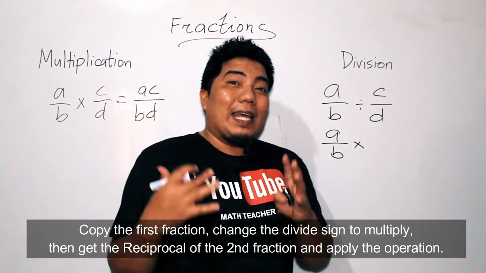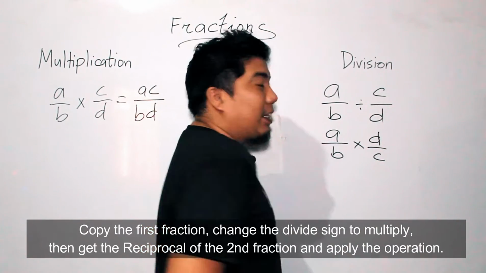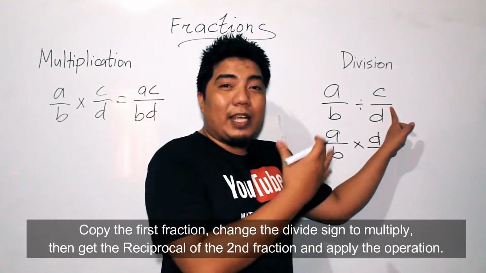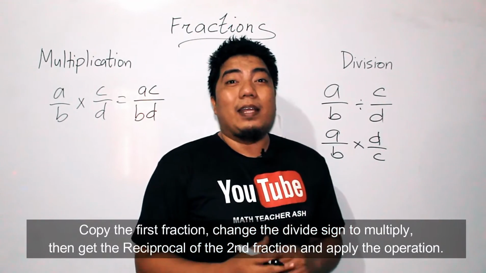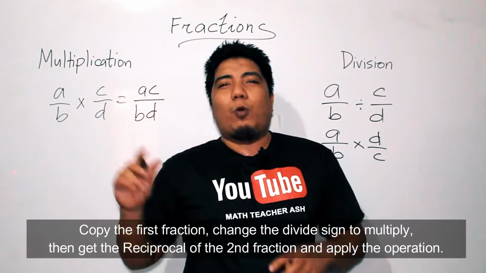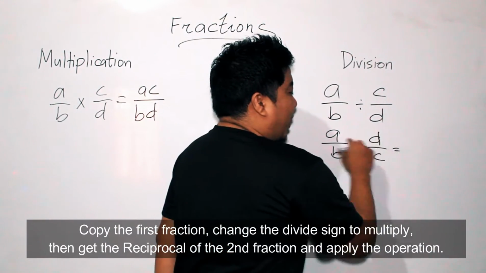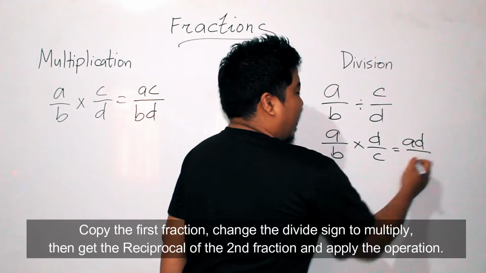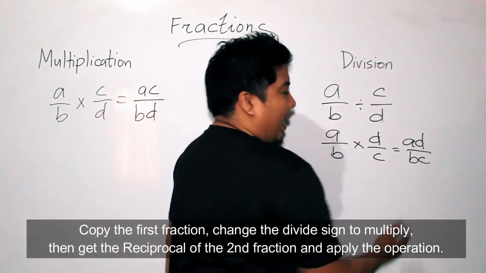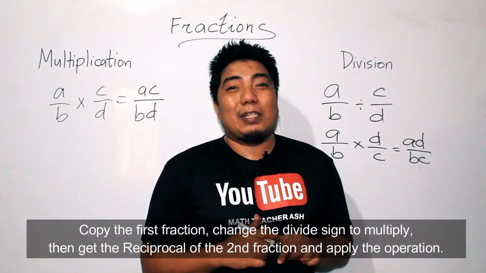That is what we call the reciprocal. So you get the reciprocal of your divisor, which is C over D in the given. Now it will become D over C. And since this is multiplication, you just follow the rule in multiplying fractions, numerators and denominators. Then you express your final answer in its simplest form.